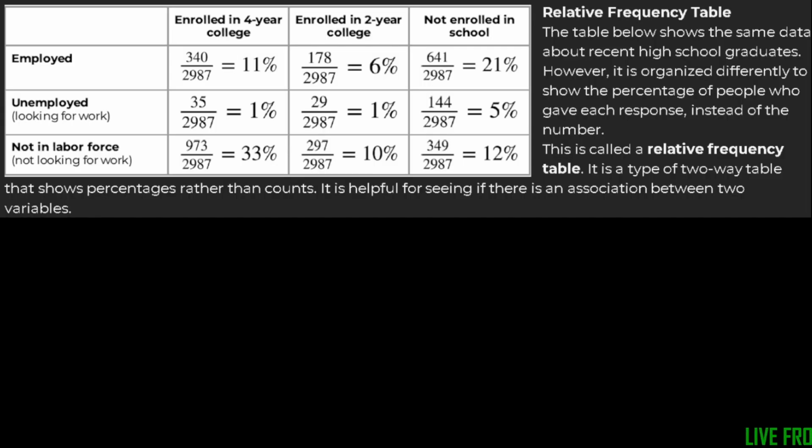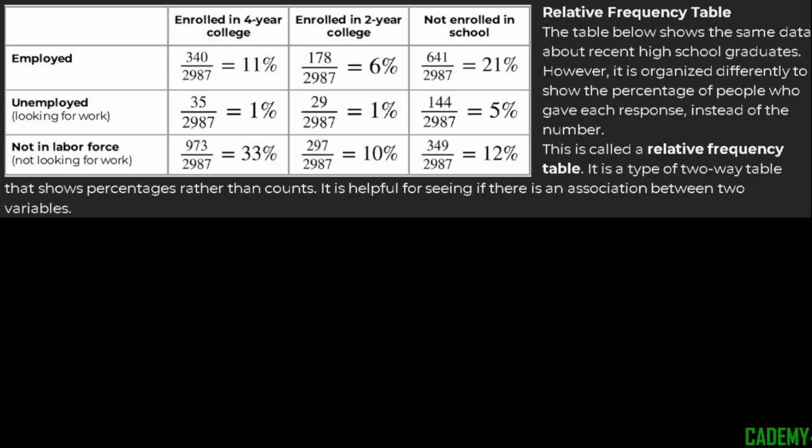All right, so the next part kind of gives you some information on here. It says a relative frequency table. So the table below or to the side here shows the same data about recent high school graduates. However, it is organized differently to show the percentages of people who gave each response instead of just the number. So it's actually the same table, but they took the values and put it into a percent form.